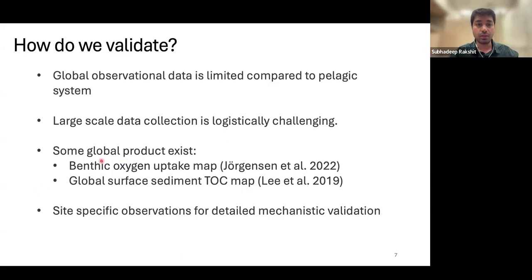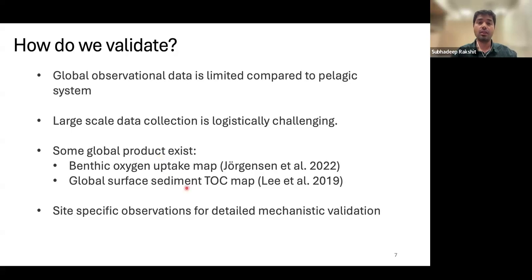There do exist some global data products, for example, the benthic oxygen uptake map by Jorgensen et al. 2022, and another work by Lee et al. 2019, which used a machine learning algorithm and observational data of TOC from different locations in the map to come up with a global surface sediment TOC concentration map. So we can also use this as a way to validate our model.